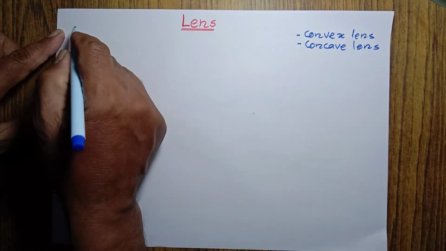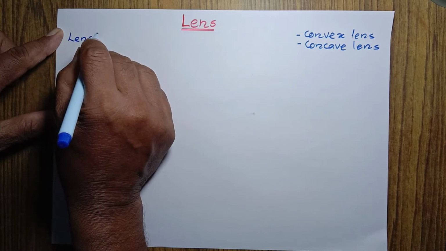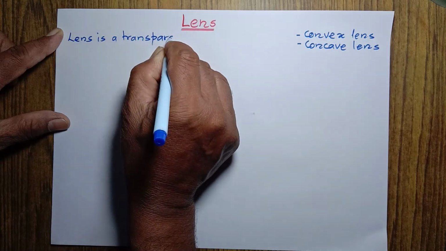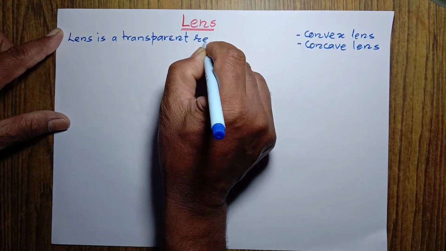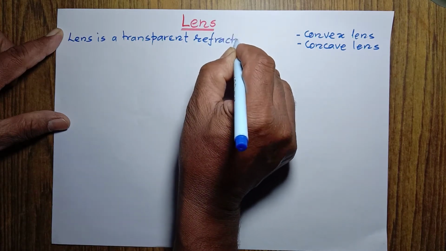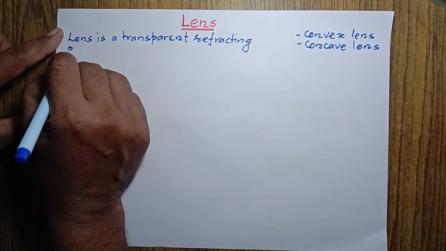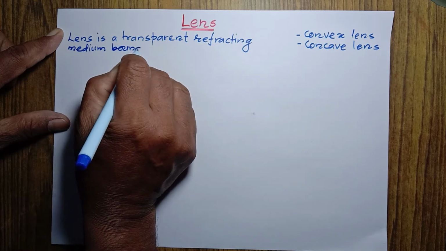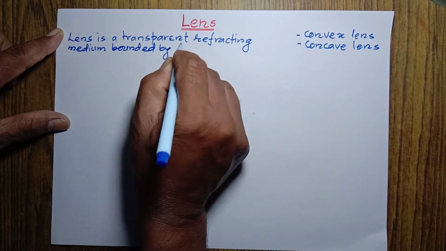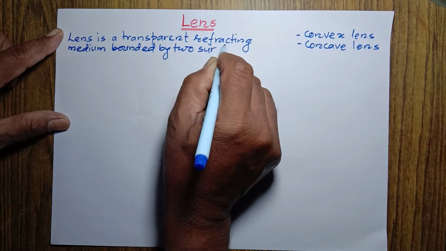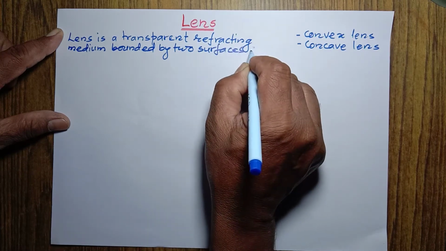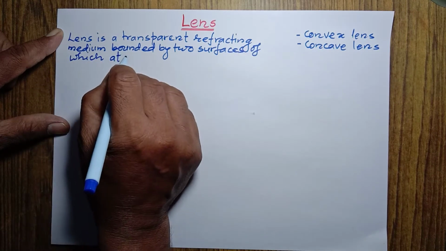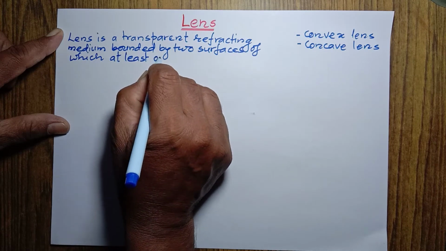Lens is a transparent refracting medium bounded by two surfaces, of which at least one is spherical.